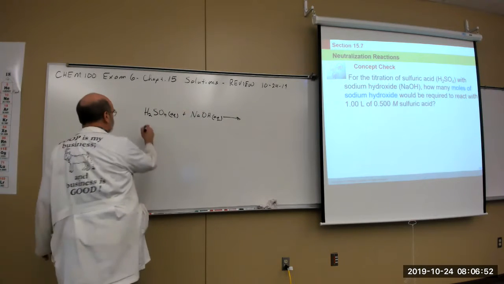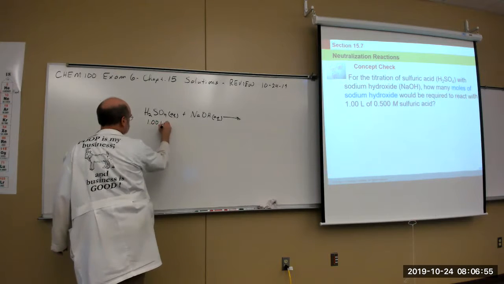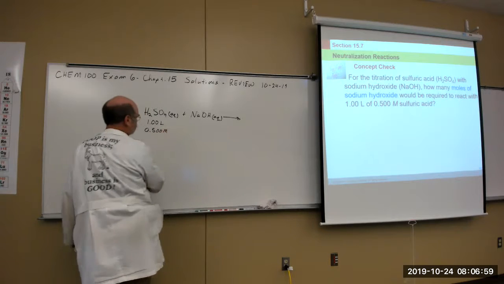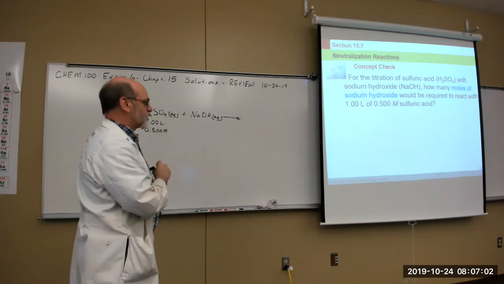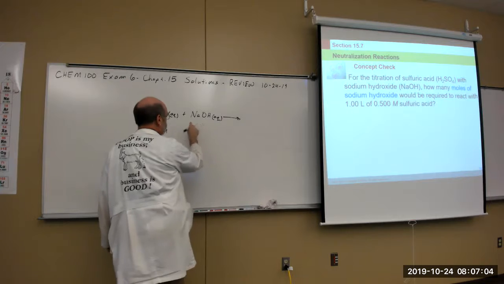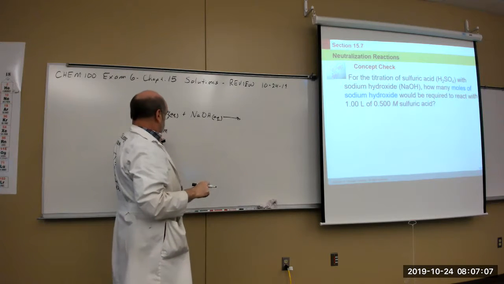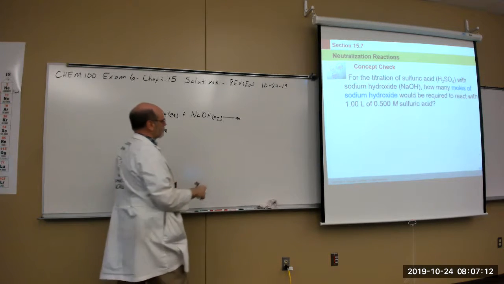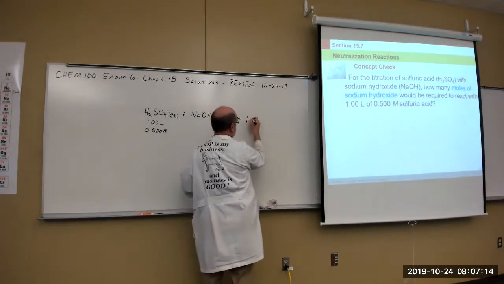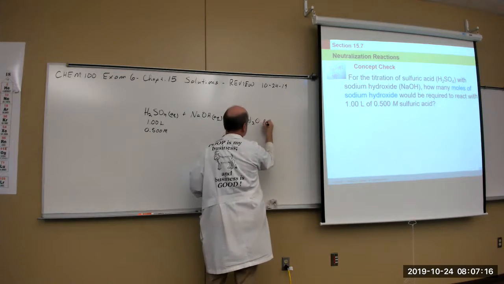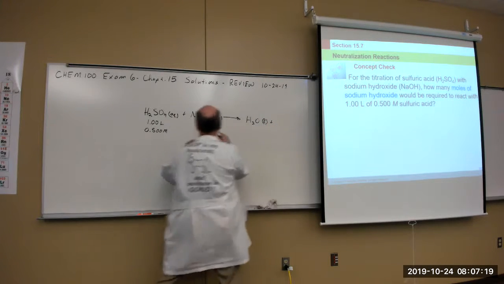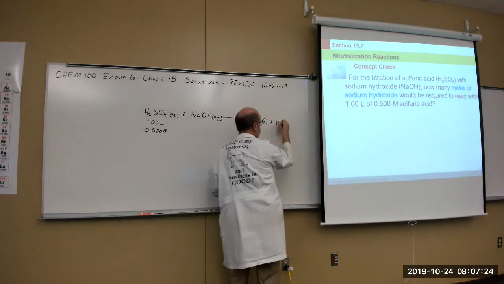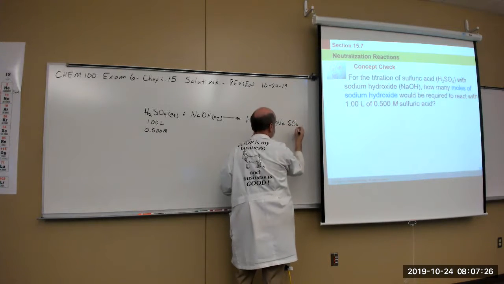So if we have 1 liter of this solution, and it's a concentration of 0.5 molar, the question is, how many moles of sodium hydroxide are required stoichiometrically to react with sulfuric acid and produce water plus, and our spectators are sodium and sulfate.